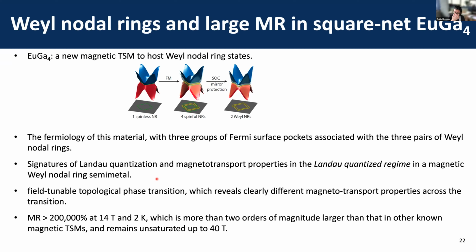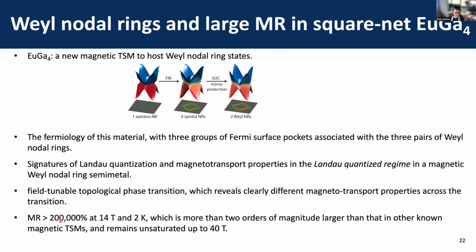It's a little harder to see that from what I've shown you today, but I will just mention that the saturated paramagnetic state can be reached, and the mirror protection is preserved if the field is applied along the C direction. And if the field is applied in a different direction, or if we look into the magnetic order state, then we lose that mirror symmetry protection, and therefore topological phase transition can occur.